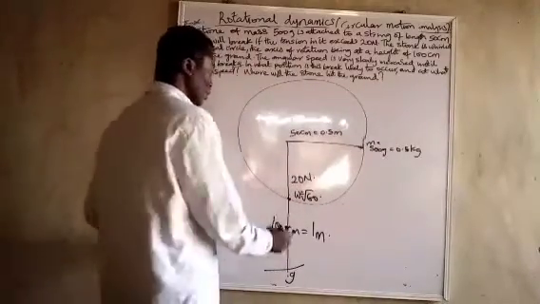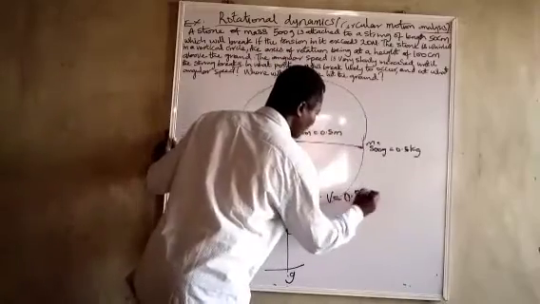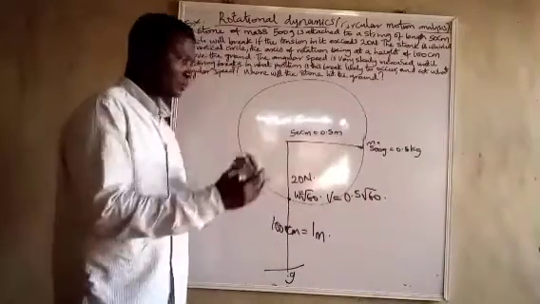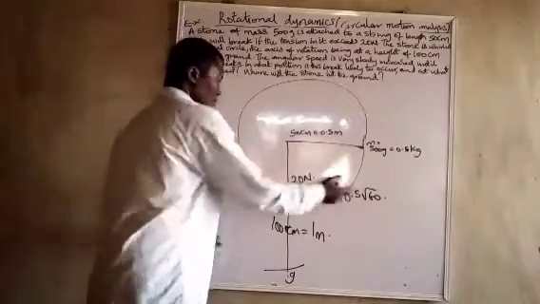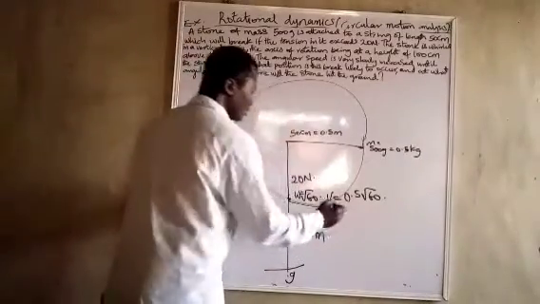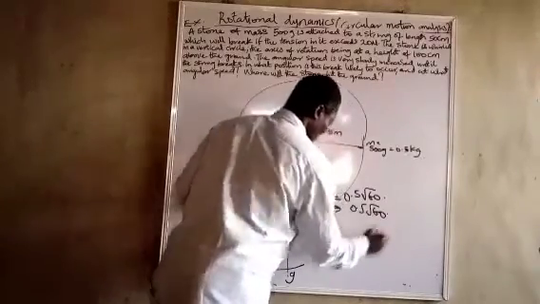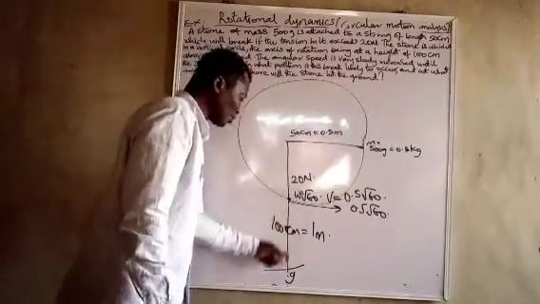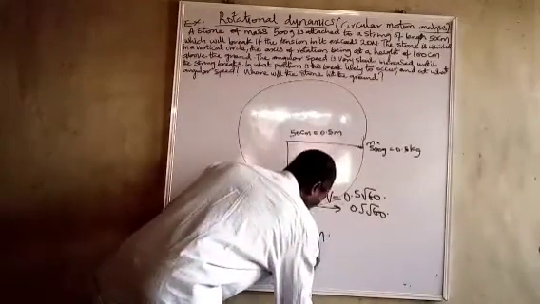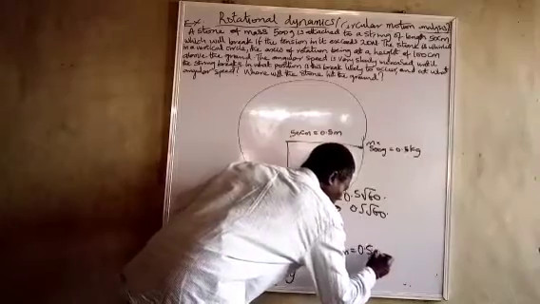And our velocity at this point, v, will be equal to 0.5 root 60. From our knowledge about motion under gravity, the velocity here is tangential, and this is 0.5 root 60. And the time will be dependent on the remaining distance here. The distance from here to here is equal to 1 meter minus 0.5 meter, which is 0.5 meters.